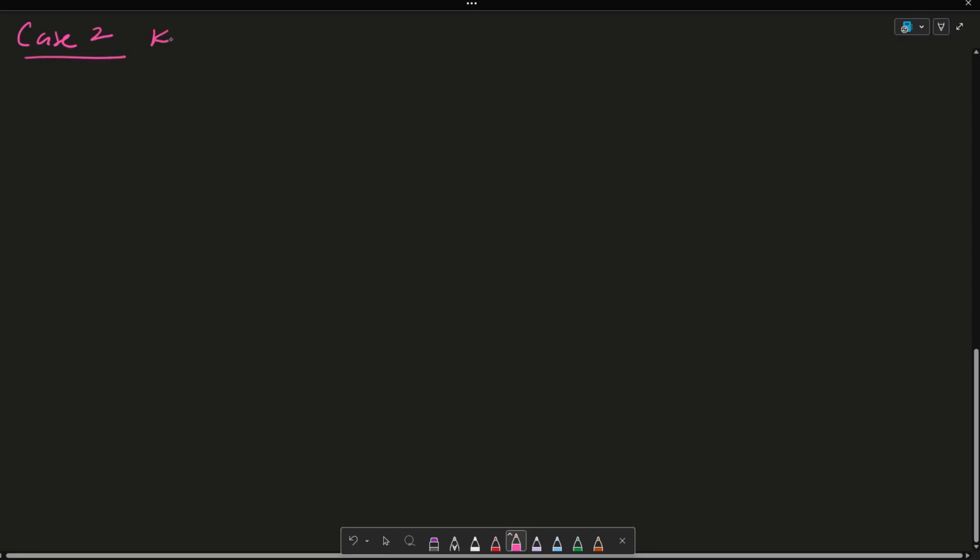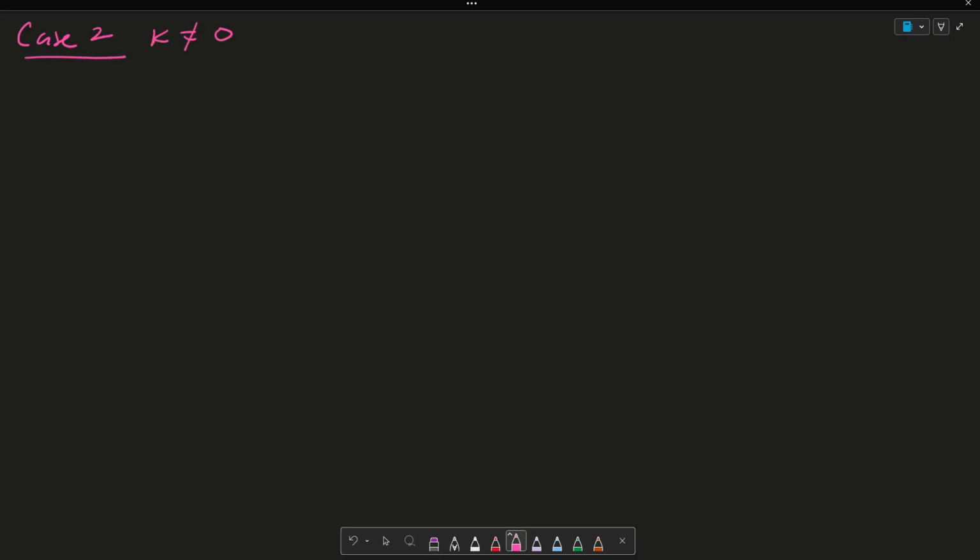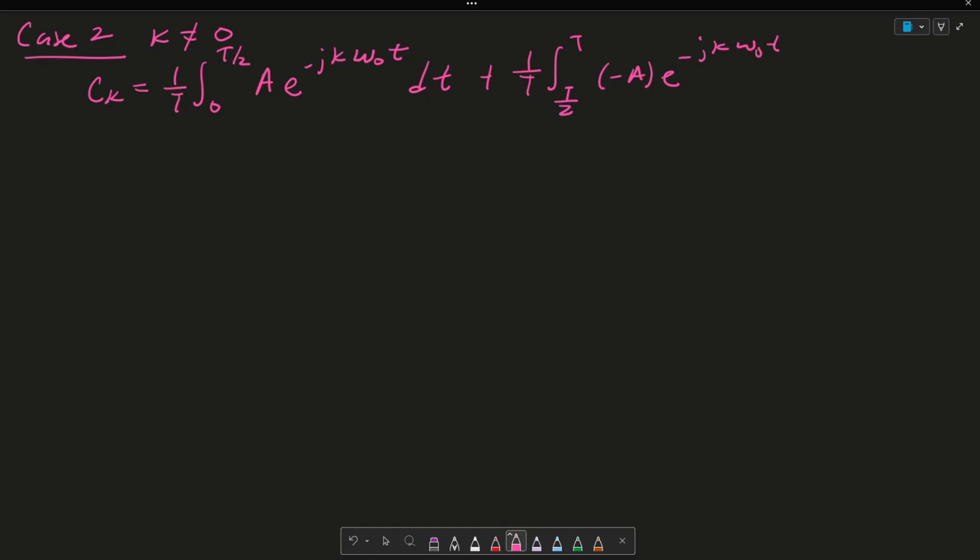And this case is where k is not equal to 0. It's a little more extensive, but we say then that c_k is equal to 1 over T, the integral from 0 to T over 2 of A e to the minus j k omega naught t dt, plus 1 over T, the integral from T over 2 to T of minus A e to the minus j k omega naught t dt.